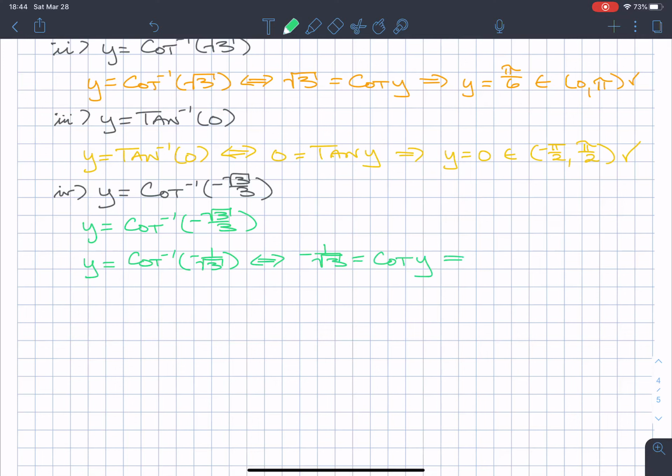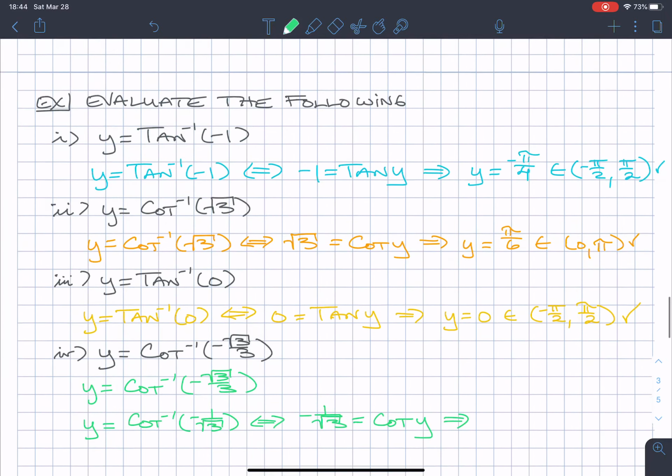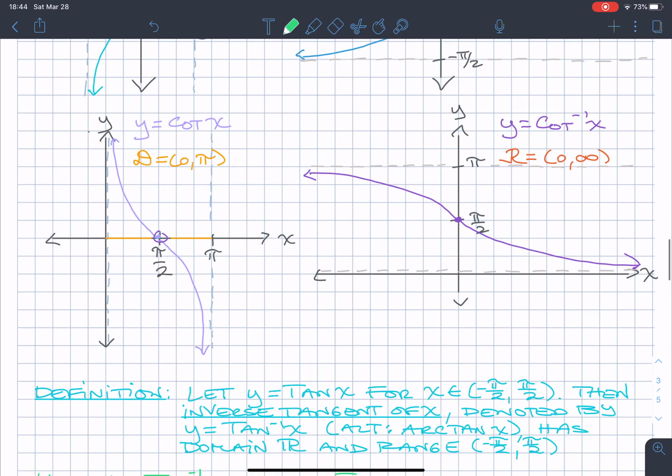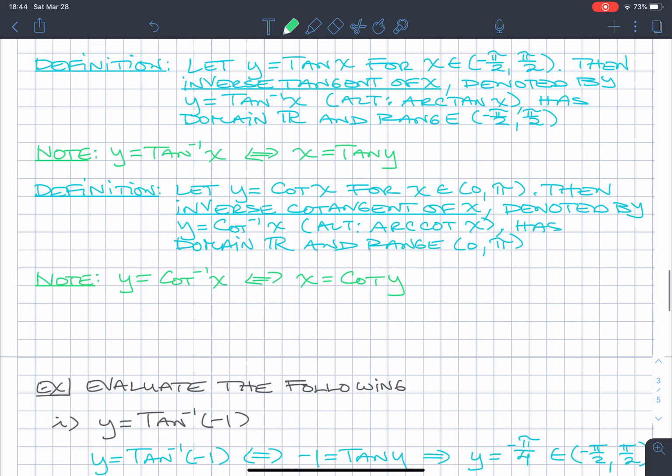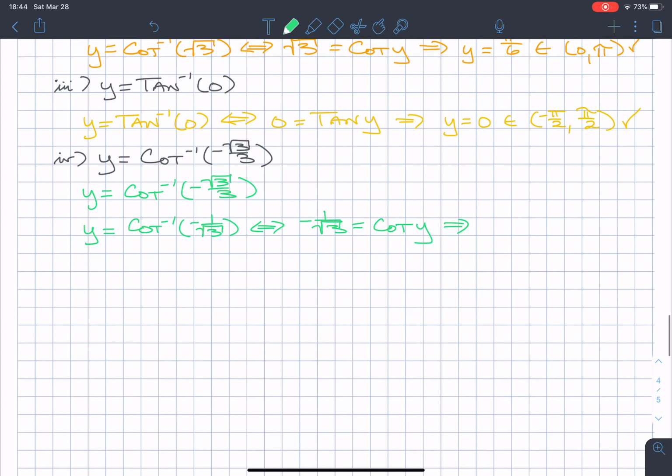So I have to ask myself, on the interval between 0 and pi, where is the angle whose cotangent, meaning cosine over sine, is negative 1 over root 3? Well, I have to be in quadrant 2, and cosine is going to be, what is it going to be?